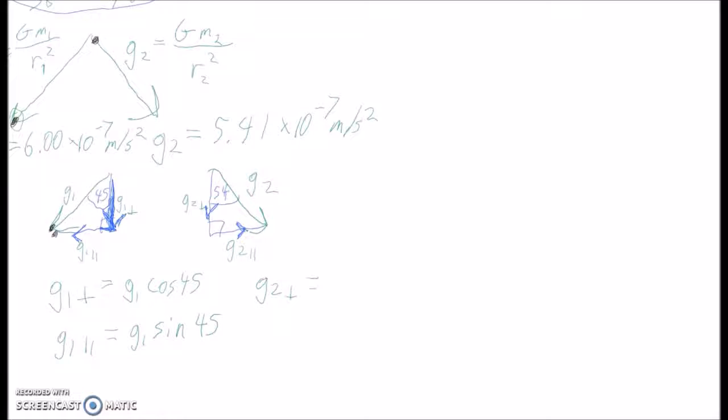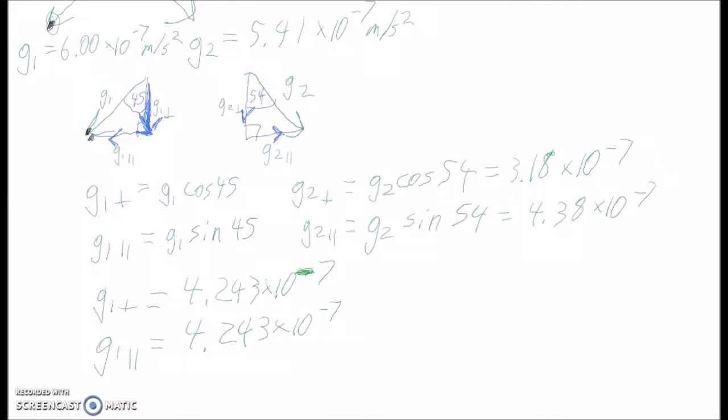So G2 perpendicular would be, it's the close side again, it's the adjacent side, so G2 cos 54 and G2 sine 54. Okay, and if you look at these arrows again, this one's down, and so is this one.